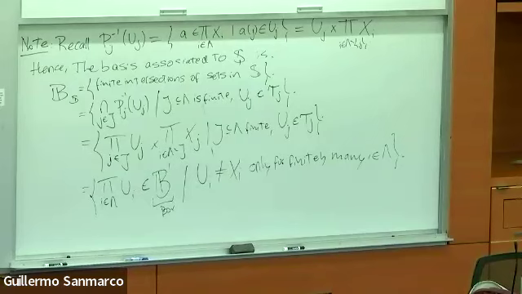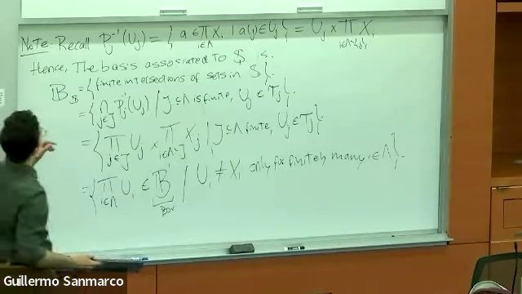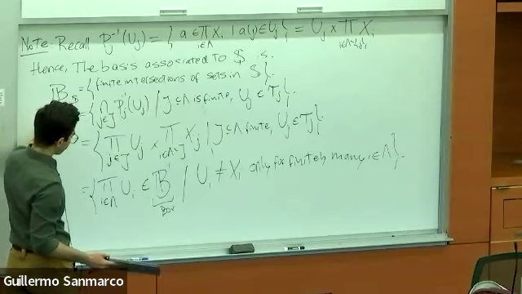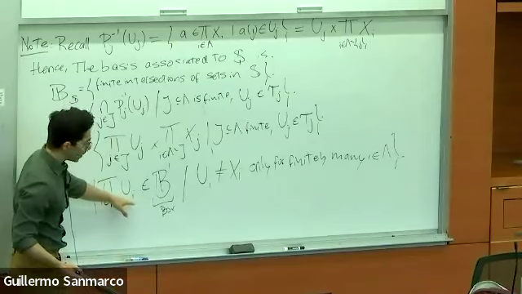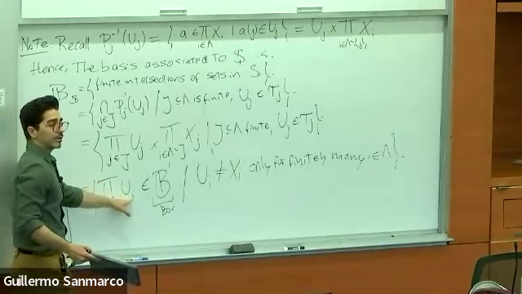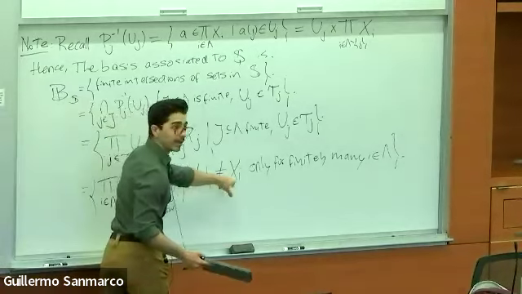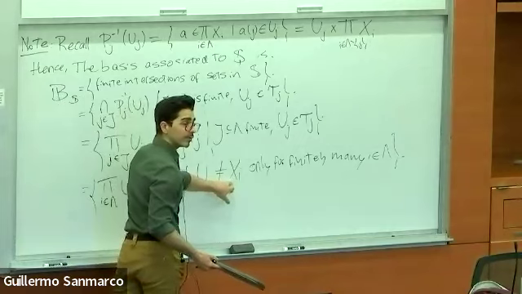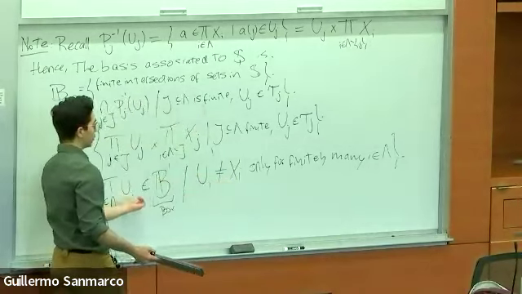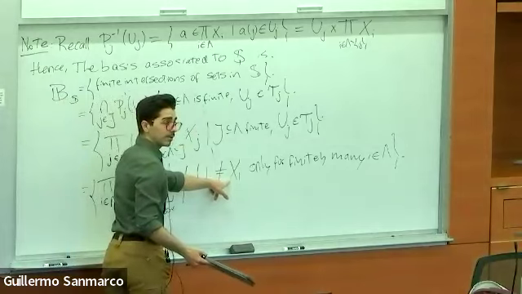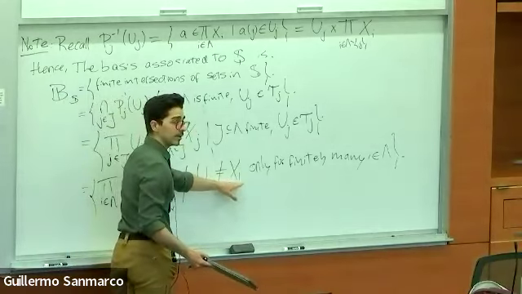Yep. Why that's the case? Yeah. So this is open in the box. That's clear. Is that okay? Open in the box because box is just product of opens. Now, not in the product because in the product, you only allow finitely many coordinates to be smaller than the entire Xi. That's what I'm saying here.